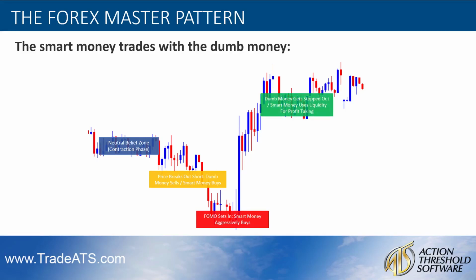And then as all those traders get stopped out as the market goes up, the smart money uses that liquidity to take their profits out of the market, and then the market sets up again and starts going back into the contraction phase.